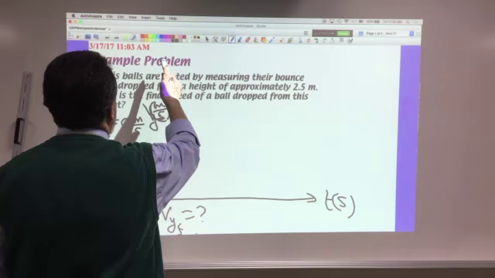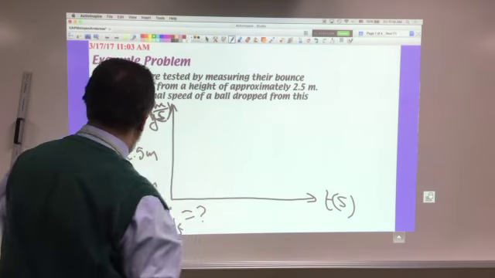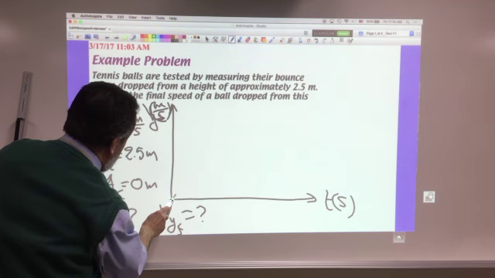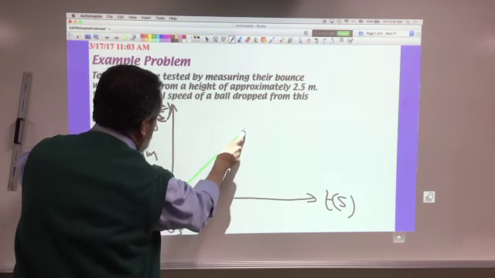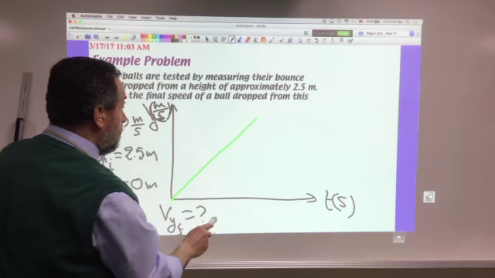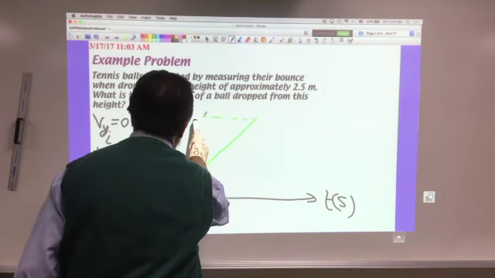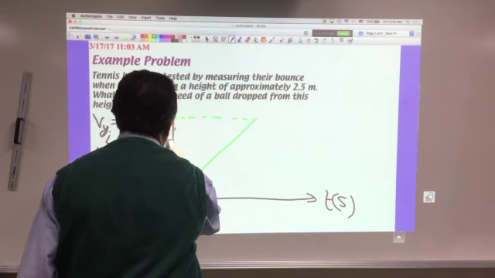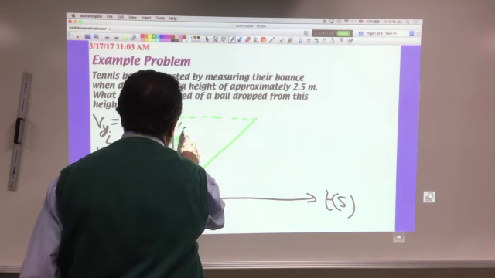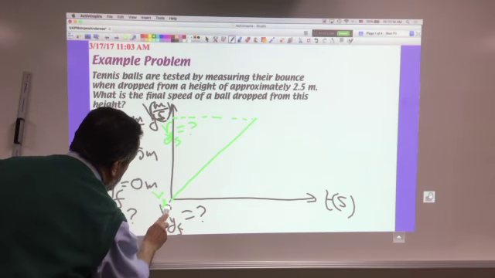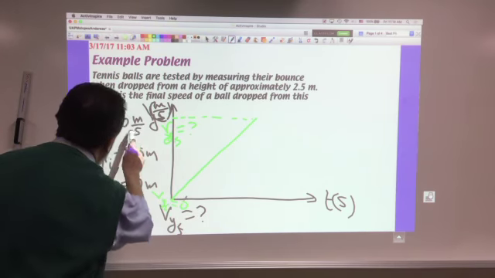So let's build our graph of velocity first. I am starting at 0, and then it's increasing constantly. Whatever this velocity final vyf is, I have no idea. But this vyi I know for certain is equal to 0.